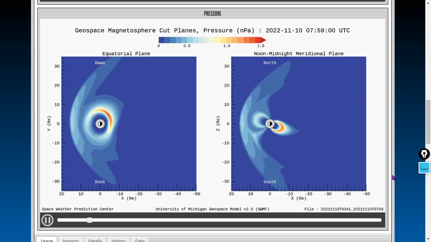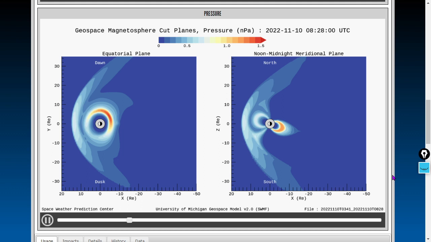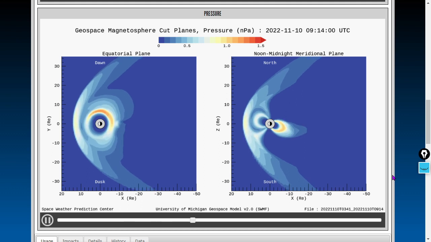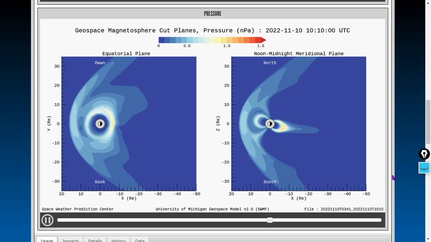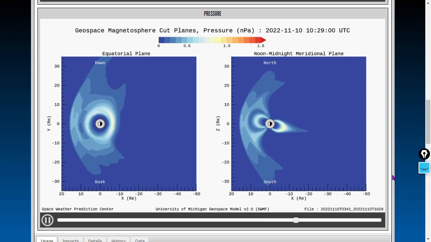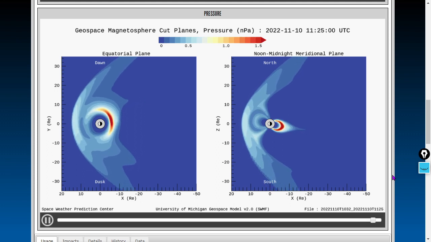Here is Earth's magnetic moment from space for the past 4 hours. And things are quite geomagnetically calm. We've got a very slow and diffuse solar wind. So it's a low pressure environment at the moment.